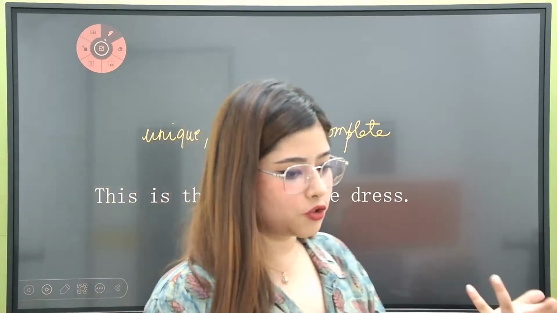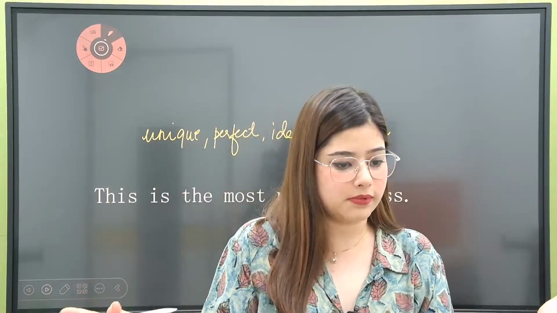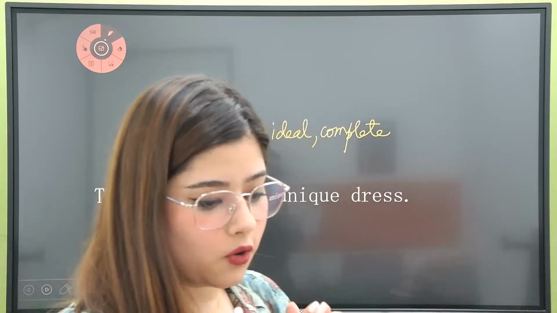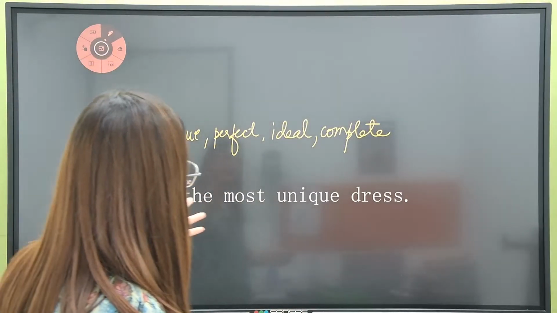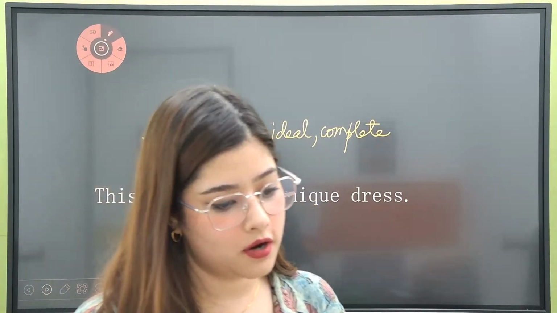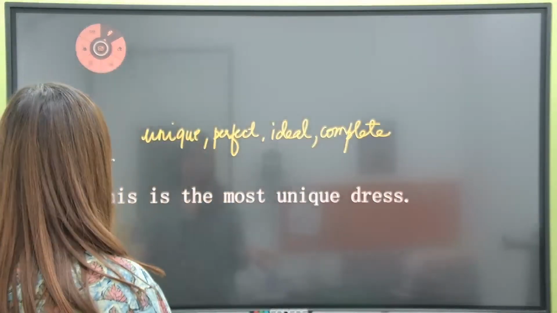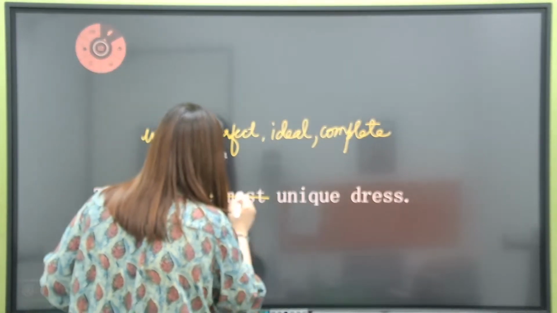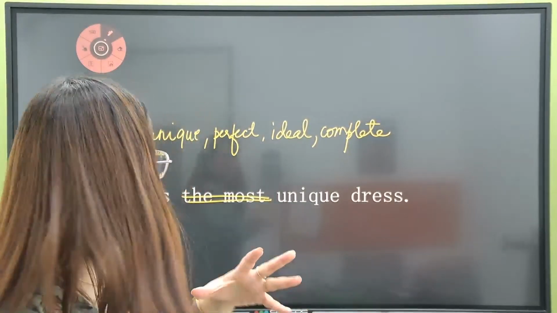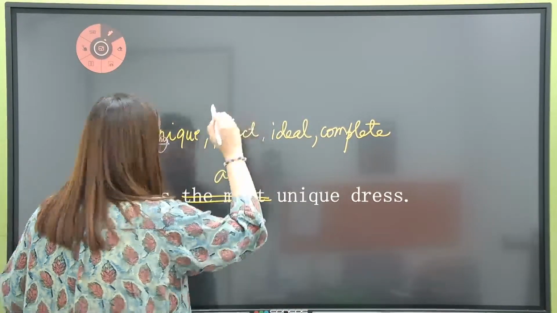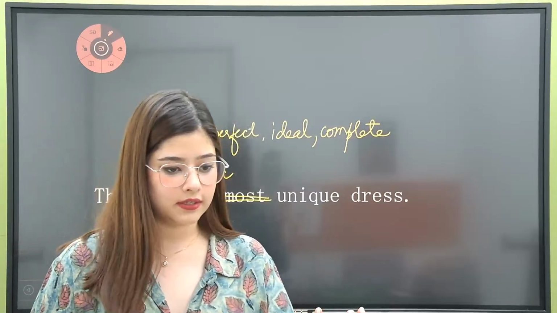An ideal situation is already a situation that is the best possible situation right now. You cannot use a superlative degree with that. So, this is a unique dress. I'm not going to use most, I'm not going to use more. This is a unique dress.